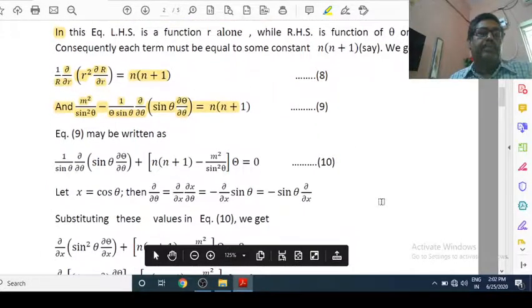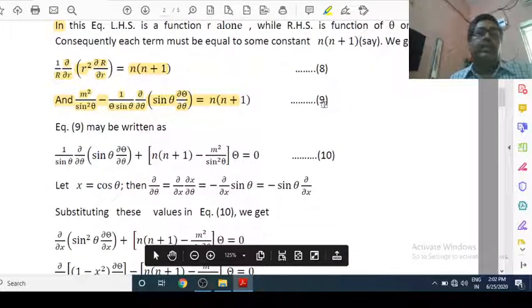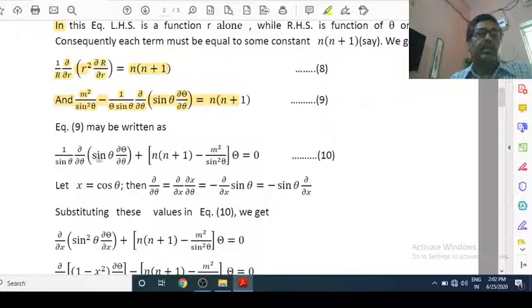So we proceed. Now this one, equation 1, may be written as, actually we arrange this one. How?